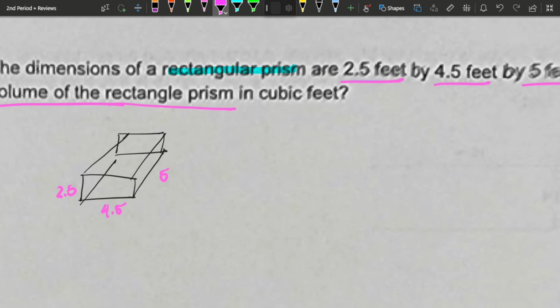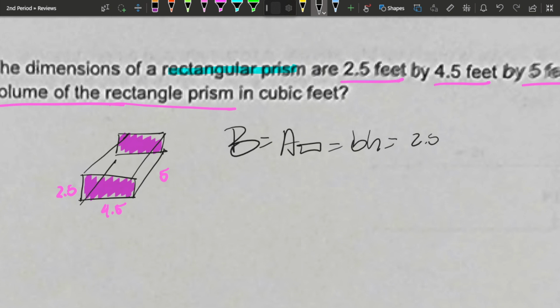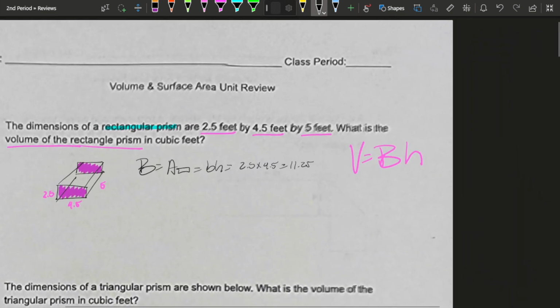Otherwise, you will have to find the area of the base, which the base is right here and also right here. So that will be uppercase B, the area of a rectangle, which is base times height, which in this case is 2.5 times 4.5. When we multiply these two numbers, you get 11.25. And then the formula says that once we have this, all we got to do is multiply by the height, and the height is going to be the distance between the two bases, which in this case is what? 5.